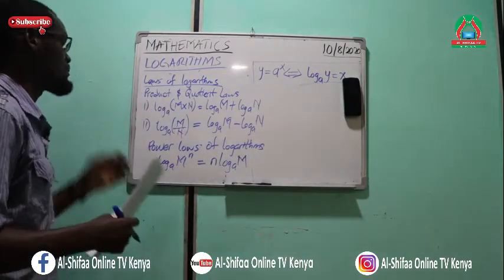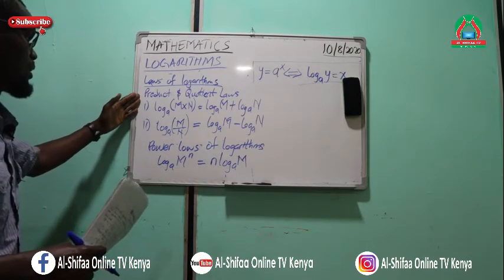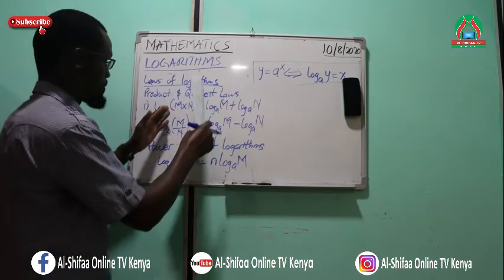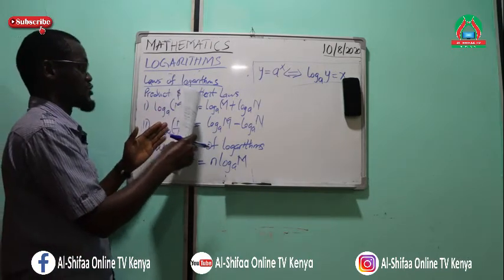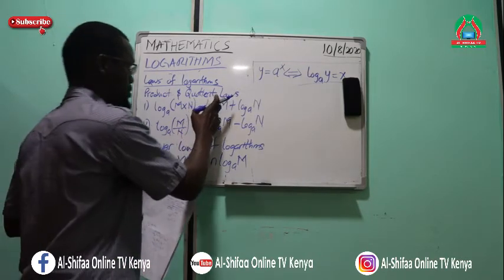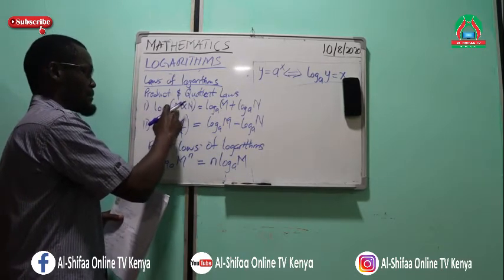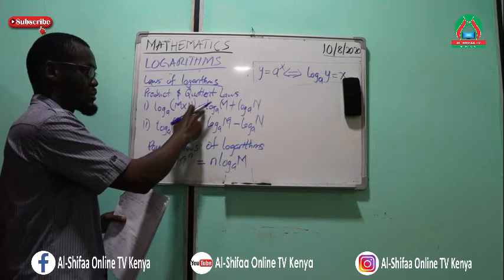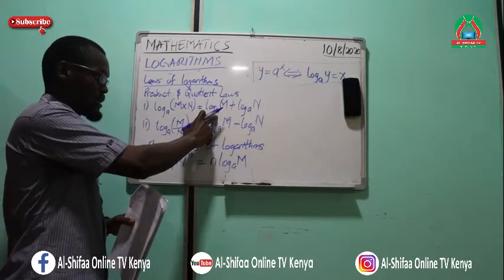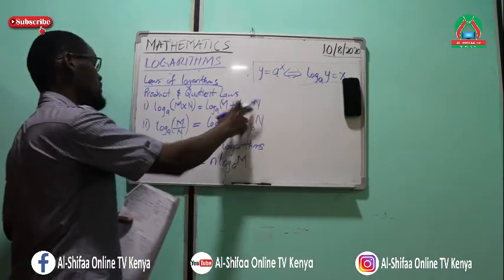The laws of logarithm are as follows. We have the product and the quotient laws, whereby log of numbers which are multiplying is equivalent to the log addition. Log to the base a of m times n is equivalent to log of m to the base a added to log of n to the base a.